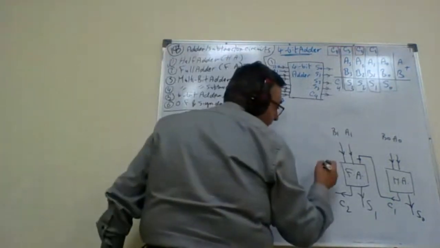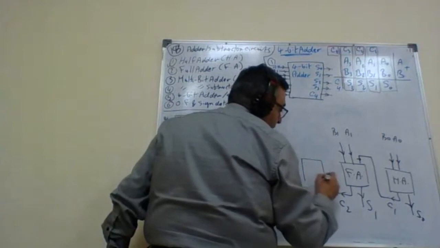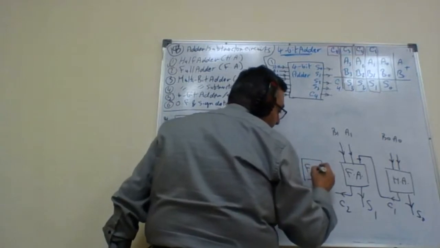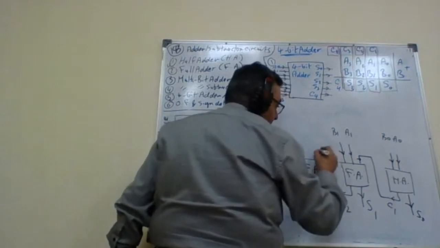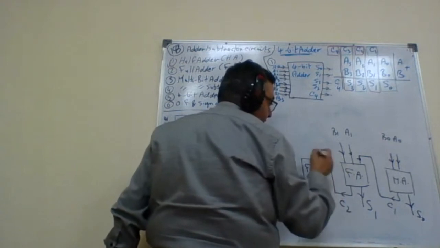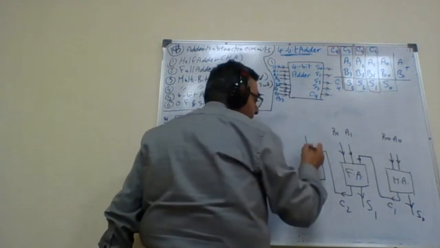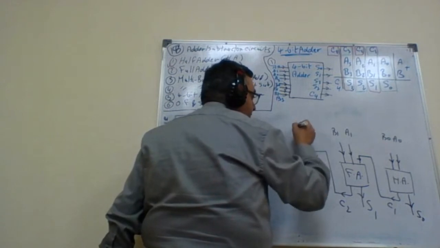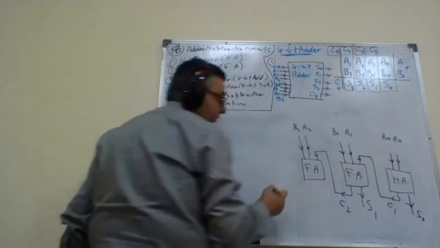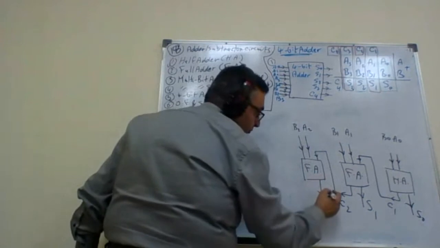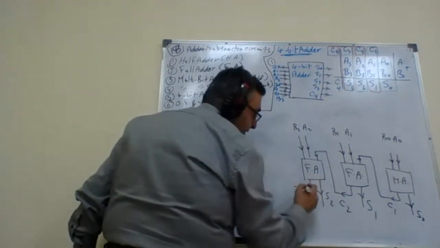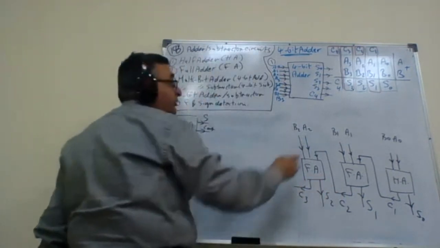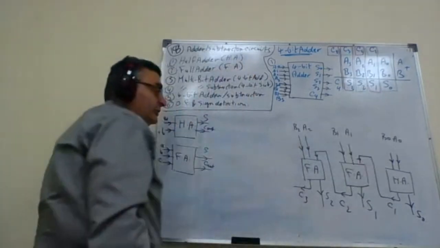Then again, I need this to be repeated, okay? Taking the output from the second block and adding A2 to B2, to produce S2 and C3 to perform this third operation.